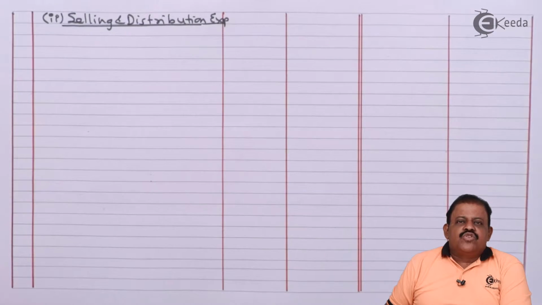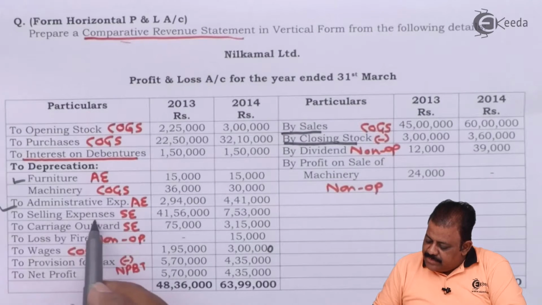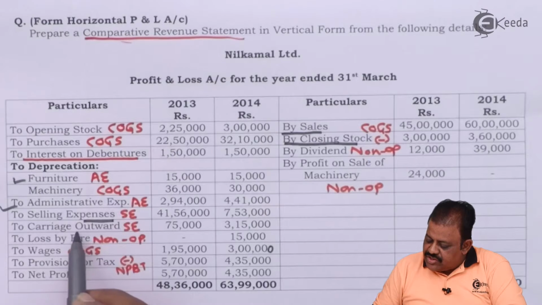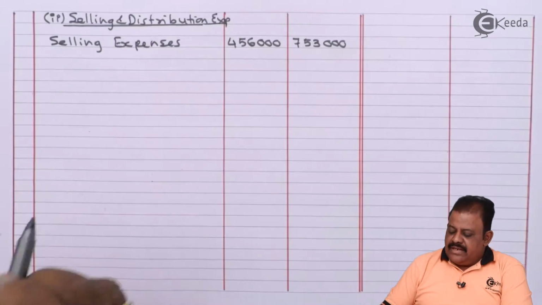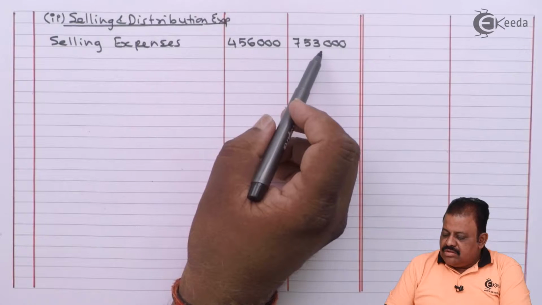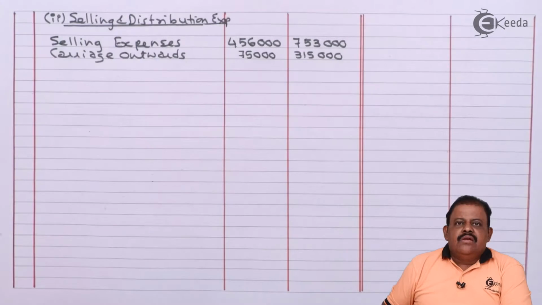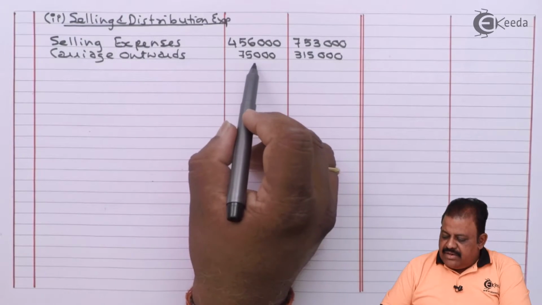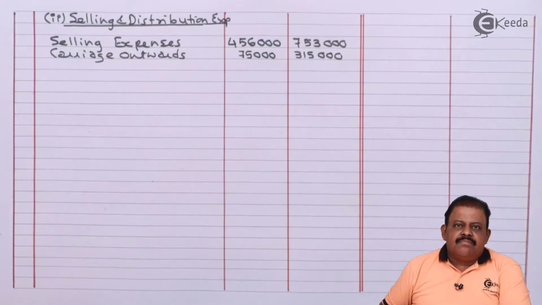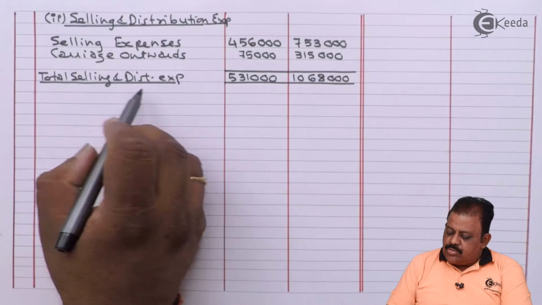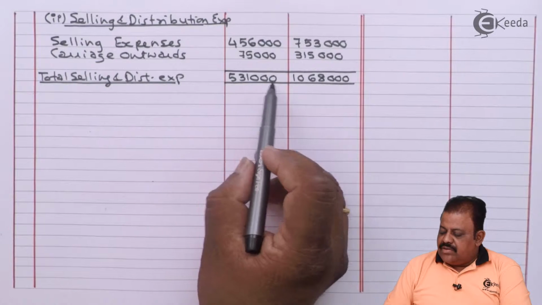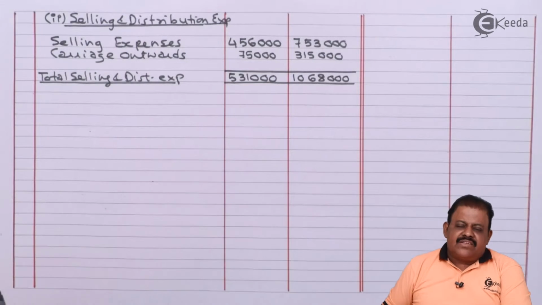Next, selling and distribution expenses. Selling expenses, carriage outwards. Selling expenses 4,56,000, 7,53,000. Carriage outwards 75,000, 3,15,000. Total selling and distribution expenses 5,31,000 and 10,68,000.